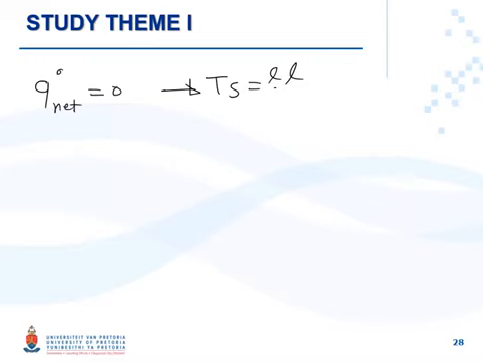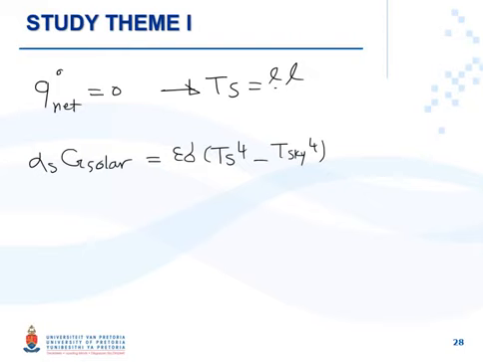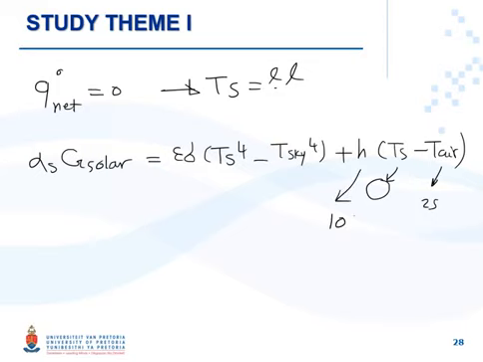So basically what we need to do is alpha S G solar is equal to epsilon sigma Ts to the power of 4 minus T sky to the power of 4, plus H Ts minus T air. Okay, T air we have at 25, Ts we don't have, we need to find it, we can't use this 70. The H we have it, 10 watt per square meter Kelvin.